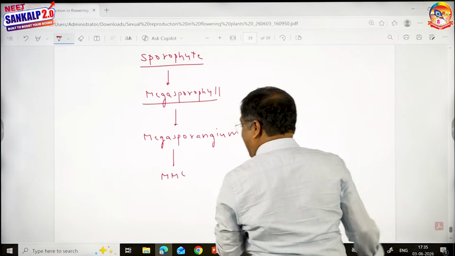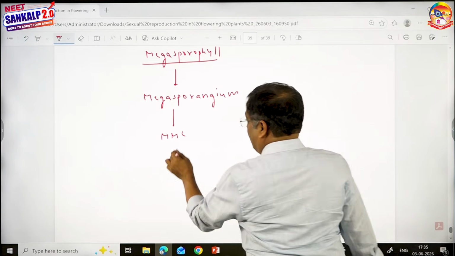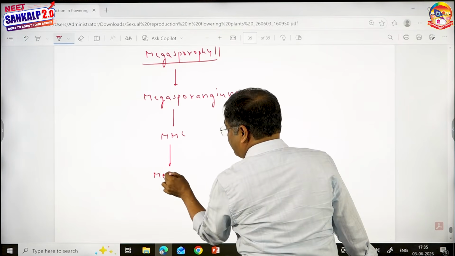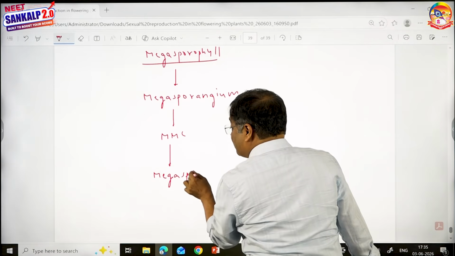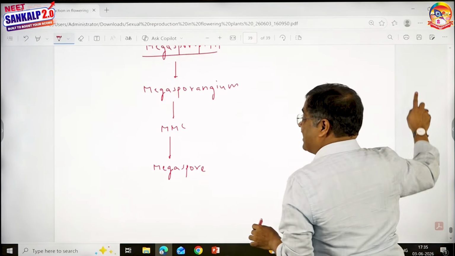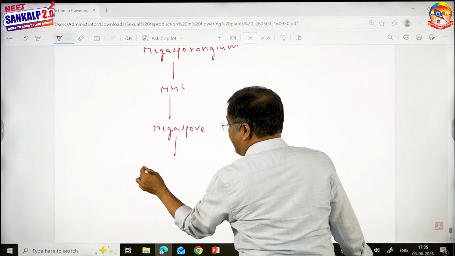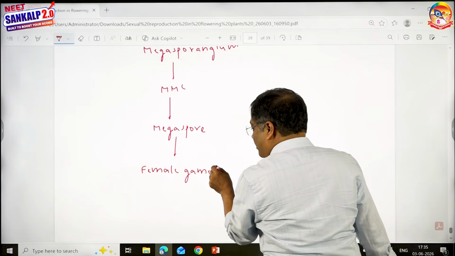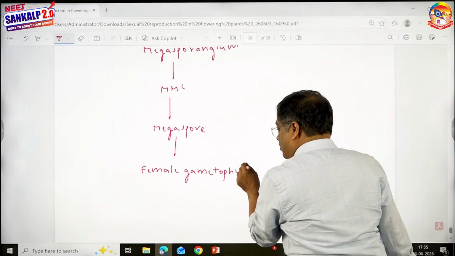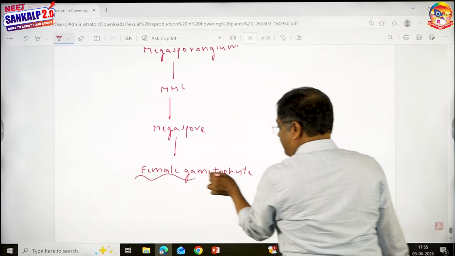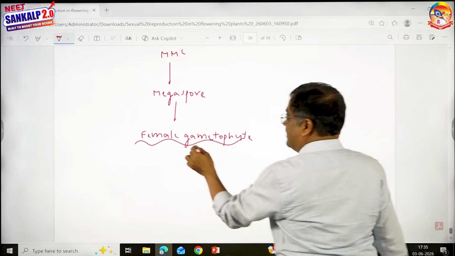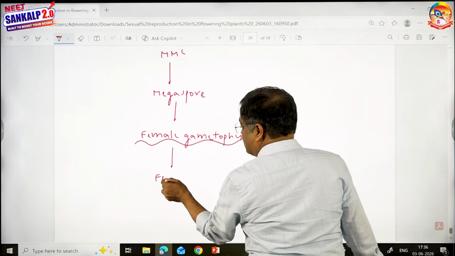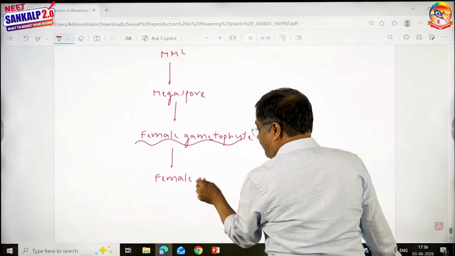Megaspore mother cell, one of the archesporial cells, undergoes reduction division and produces megaspores. Chalazal megaspore is functional. Megaspore develops into female gametophyte, the embryo sac. It is 7-celled, 8-nucleated, monosporic, polygonum type. Then the female gametophyte will produce egg apparatus, and egg apparatus has the female gamete.